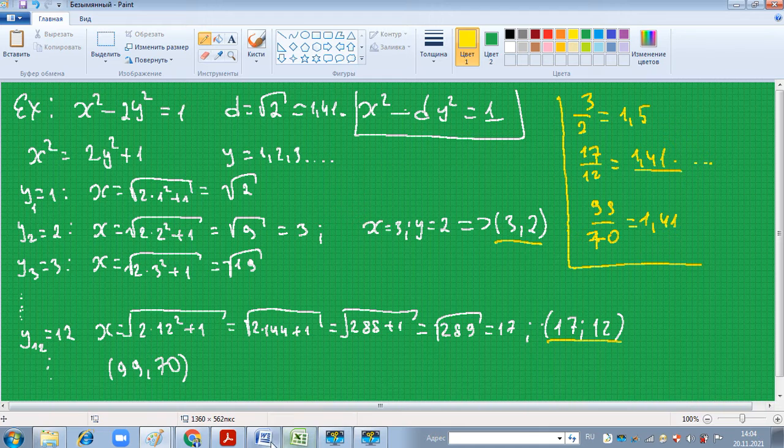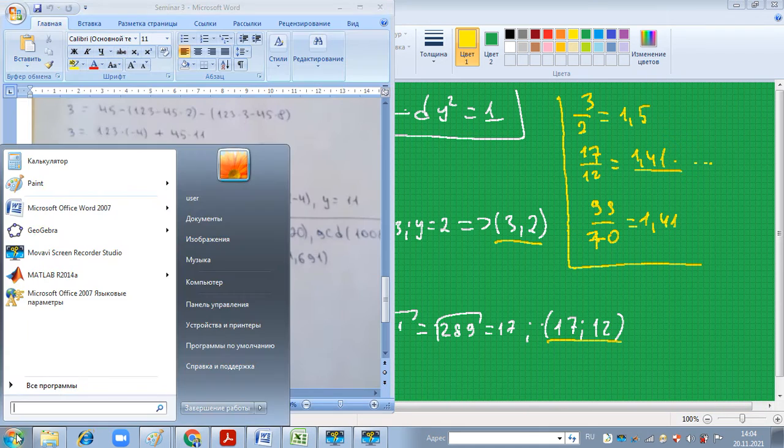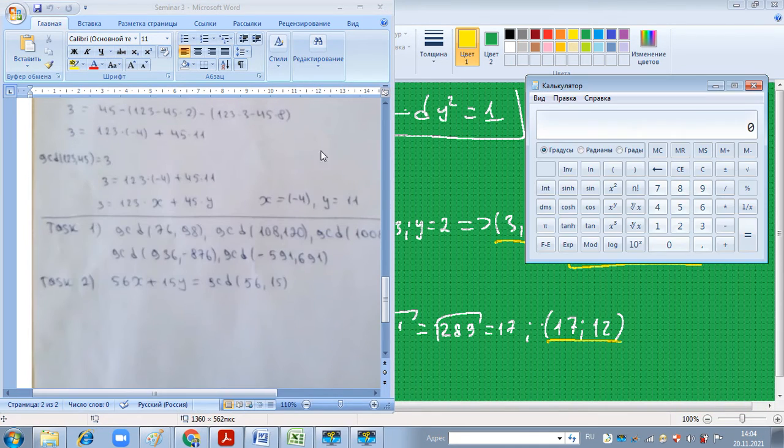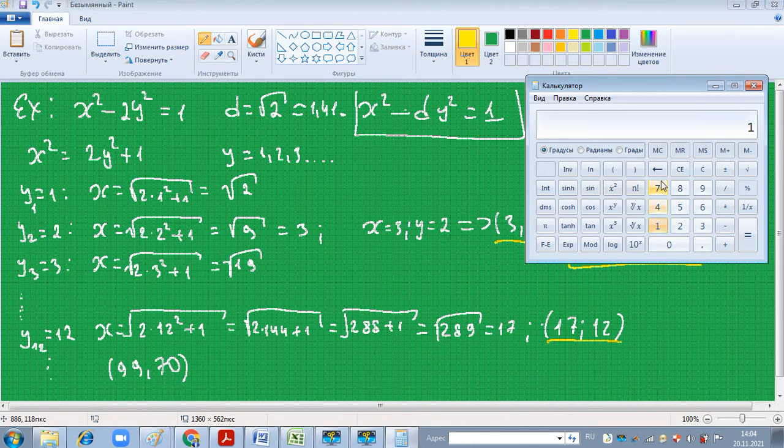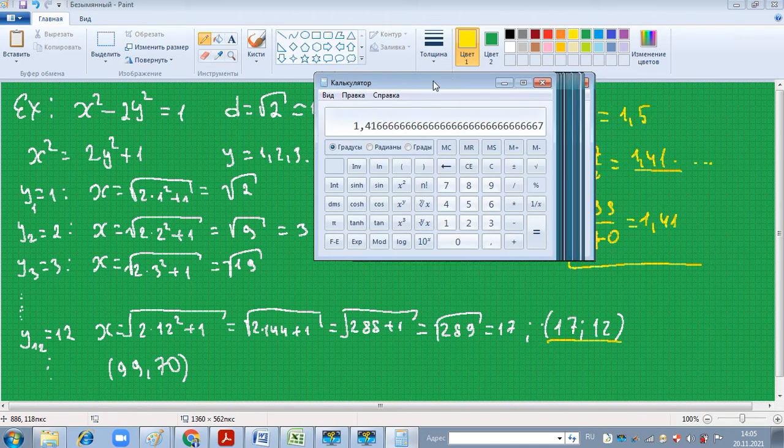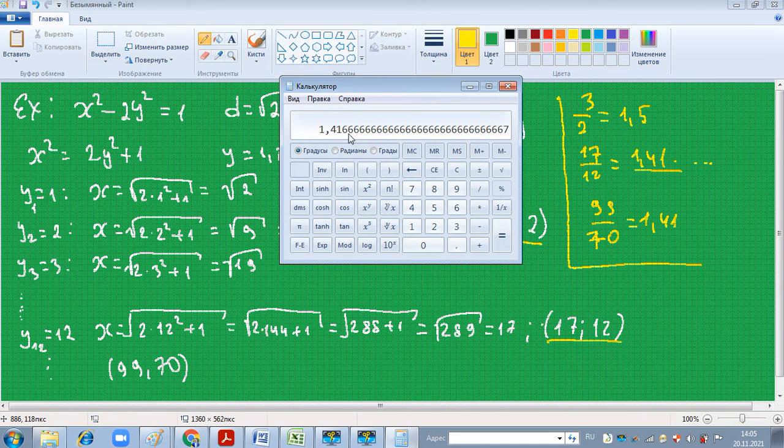Using a calculator, 17 over 12 equals 1.4166 and so on, and 99 over 70 equals 1.41.